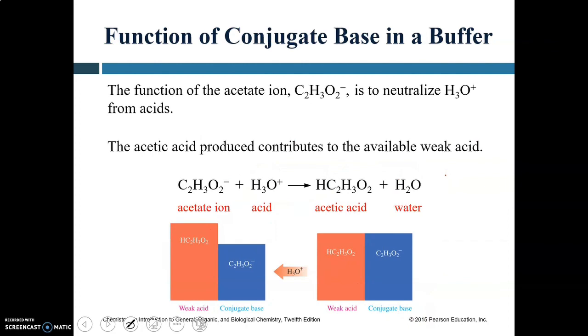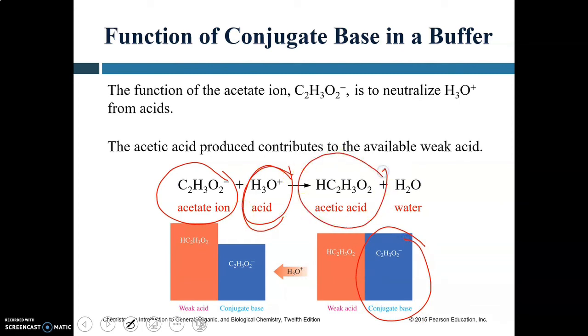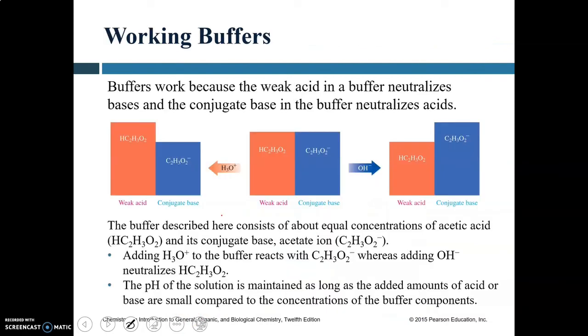Acetate ion, on the other hand, can neutralize acid. You can see that acetate ion, when it interacts with acid, forms acetic acid, slightly increasing its concentration. So basically, buffers work since the weak acid neutralizes bases and conjugate base neutralizes acid.